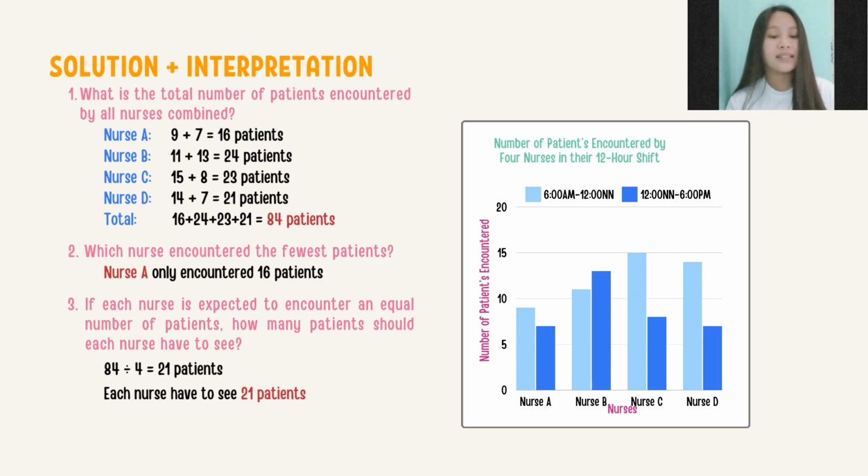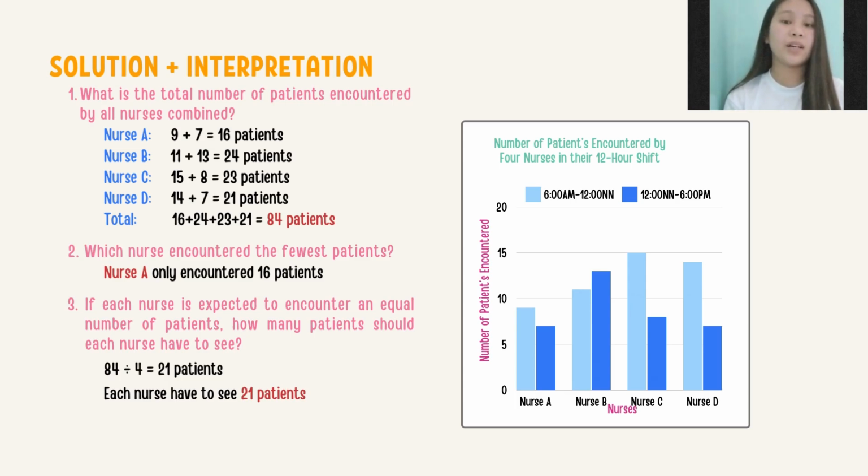So adding these numbers together, we get a total of 84 patients encountered by all the nurses combined. To determine which nurse encountered the fewest patients, we compare the total for each nurse. So in this case, Nurse A encountered the fewest patients with a total of 16 patients.